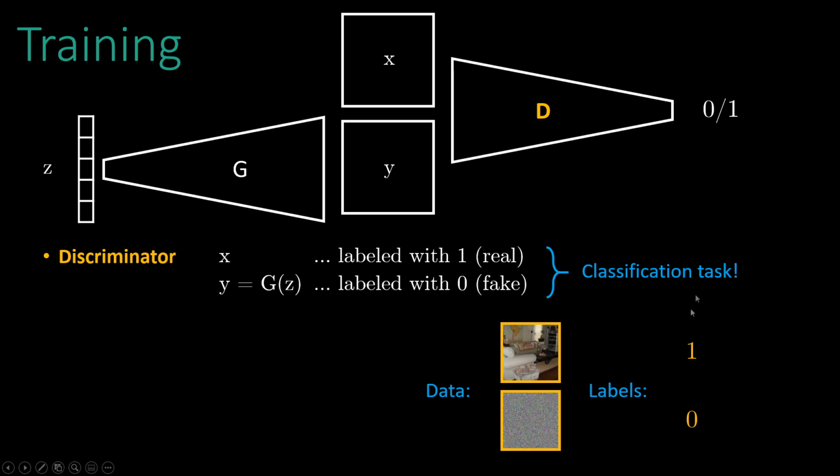In that case, it was maybe 1000 labels, or 10 labels in the case of MNIST, but in this one you only have real and fake. So we have an intuition how this network could train, because it's simply a classification task. We would even use the same types of errors here, probably, as in the previous cases.